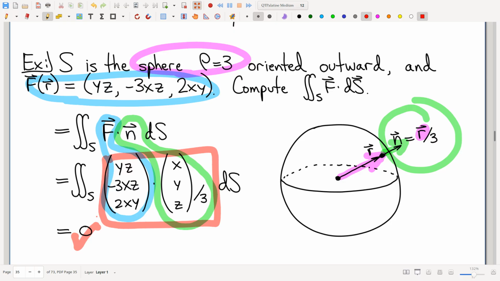If the dot product had not worked out to be 0, if I had a function of x, y, and z that remained, I would have a scalar surface integral for which I would have to parameterize. So sometimes you can get clever with the geometry, trying to avoid having to parameterize and end up still having to parameterize. But on the other hand, sometimes you will get lucky and it saves you a bunch of trouble.